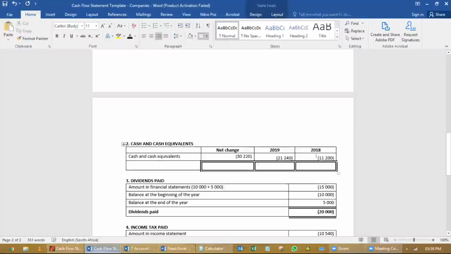So my balance was that when I started the year, and I ended the year, my balance was this, which means throughout the year I had a negative spend of 30,220. And then you can just total these, but it's not necessary. I'm just going to copy. And then you total those, and it's the same.